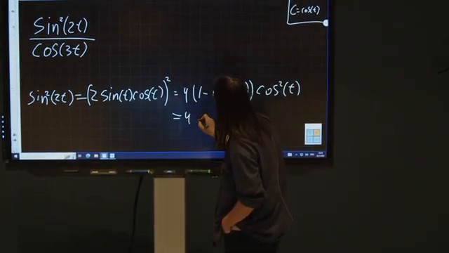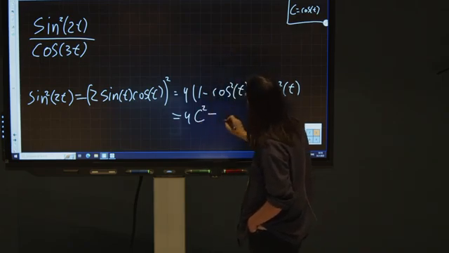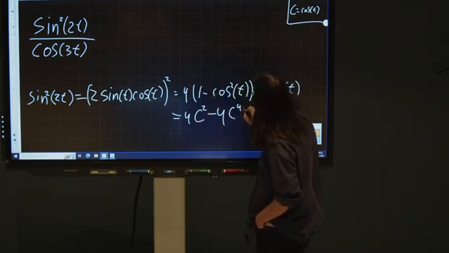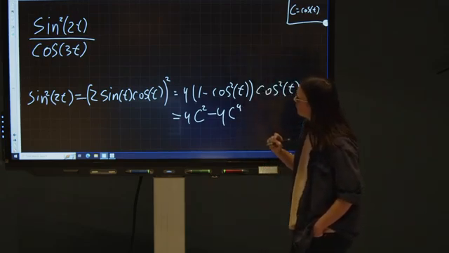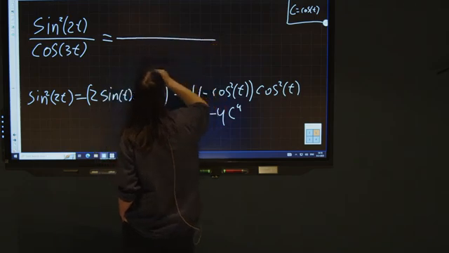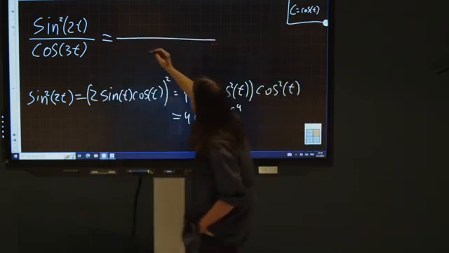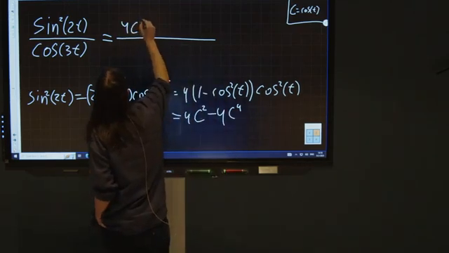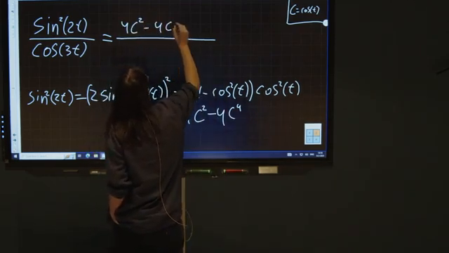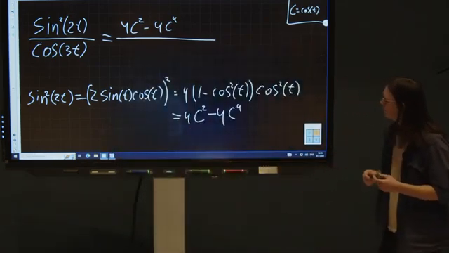We get 4c squared minus 4c to the power 4. So here, at least in the numerator, we're going to get that. Right, 4c squared minus 4c to the power 4.